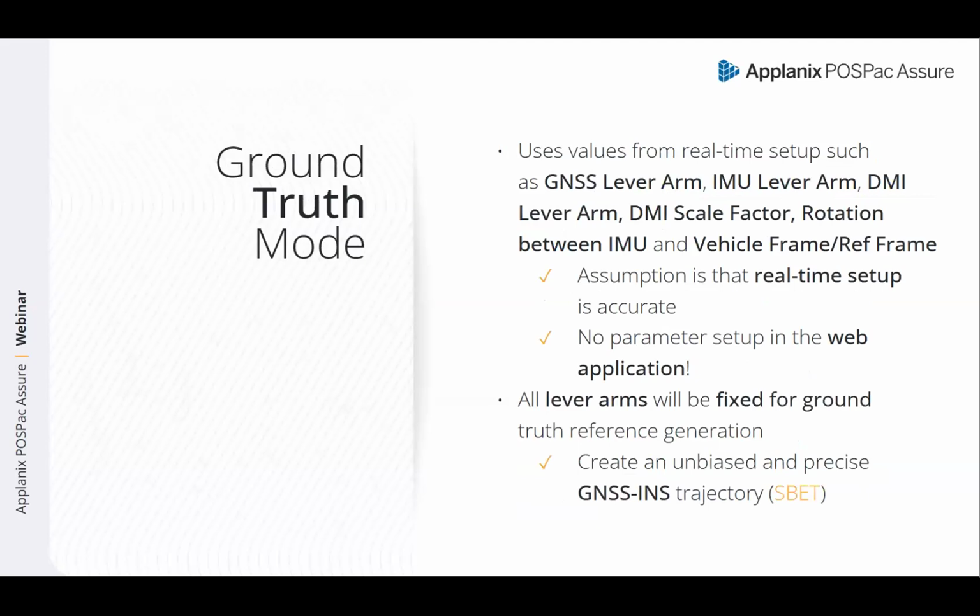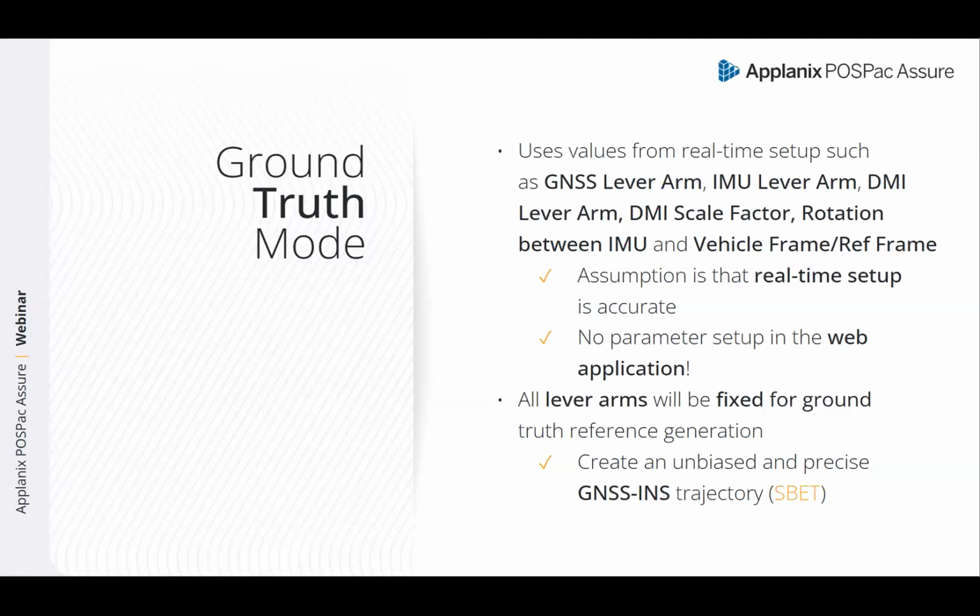Now, for the ground truth mode, it's quite the same thing. The assumption still is that everything was set up on the system. And in this case now, the assumption is that everything is set up properly. So you have done a proper calibration of all of those parameters, and they have been entered into the system. And what we are doing then here is we are going to fix all of those lever arms.